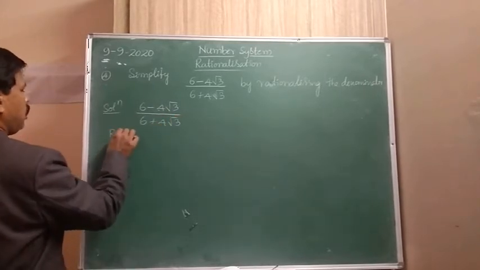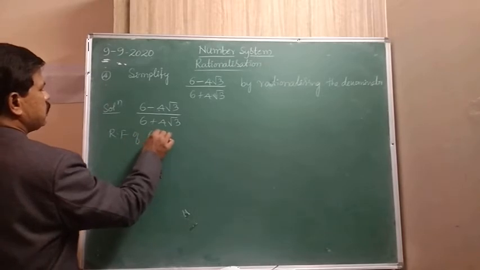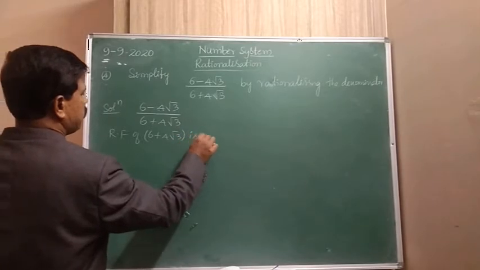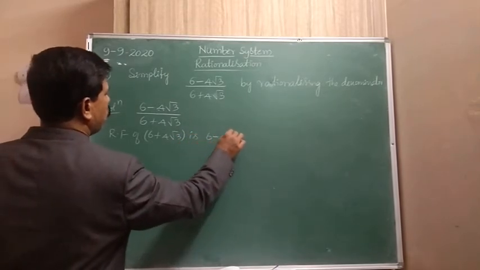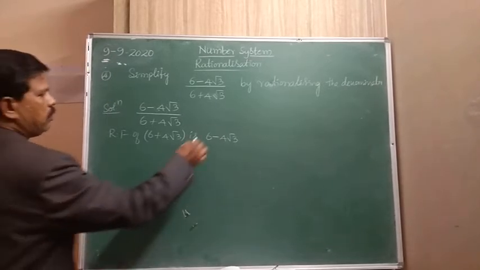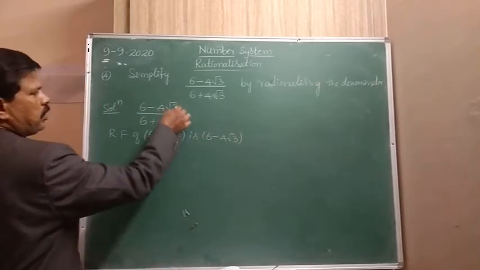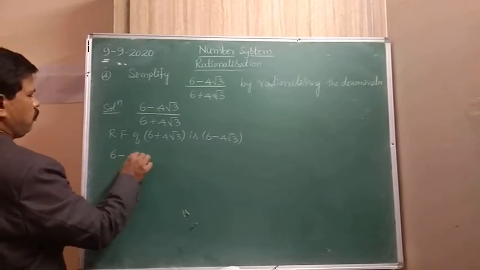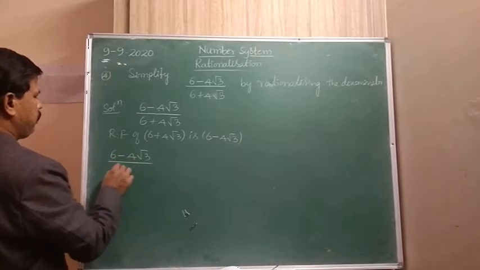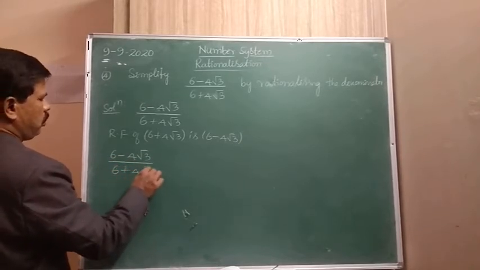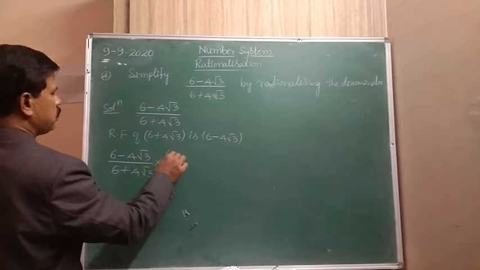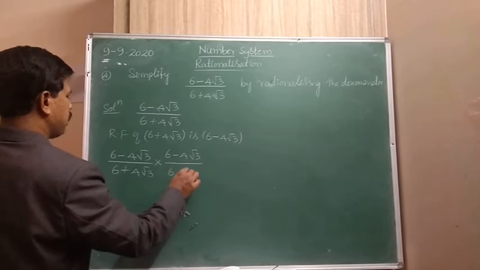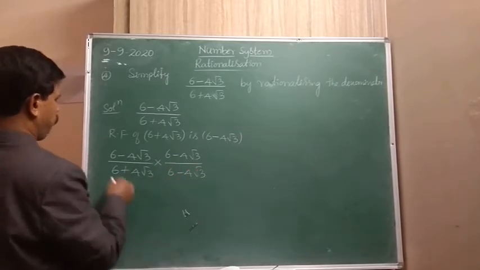Then the RF of 6 plus 4 root 3 is 6 minus 4 root 3. Now from this, multiply numerator and denominator. So (6 minus 4 root 3) by (6 plus 4 root 3) into (6 minus 4 root 3) by (6 minus 4 root 3).